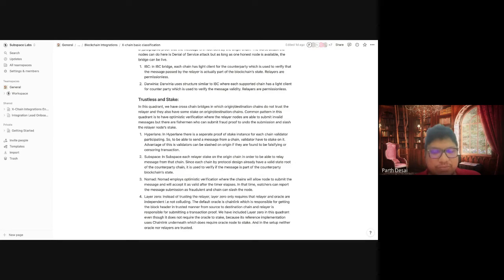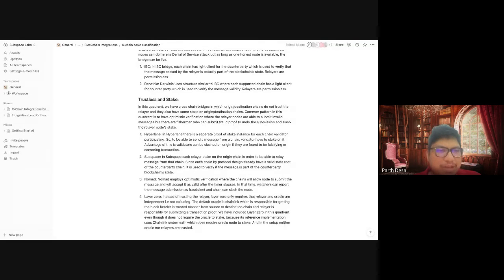It is okay. Basically, if both are not colluding, then the block header received and the transaction proof received by the destination chain will be valid.